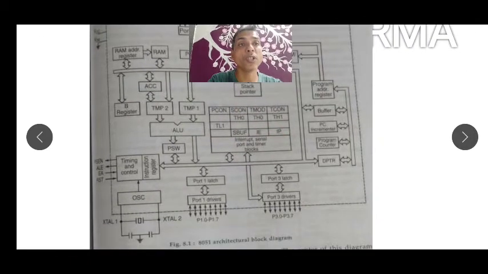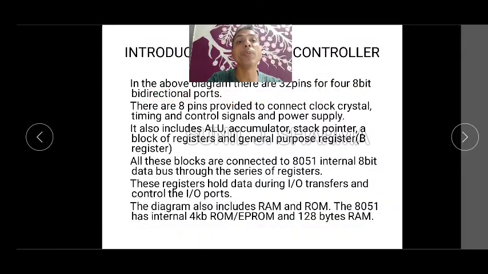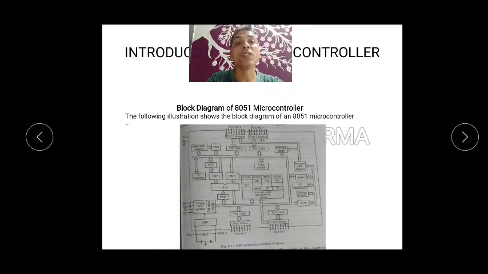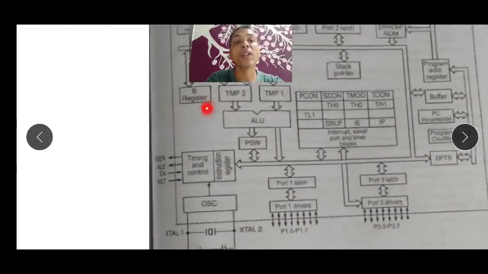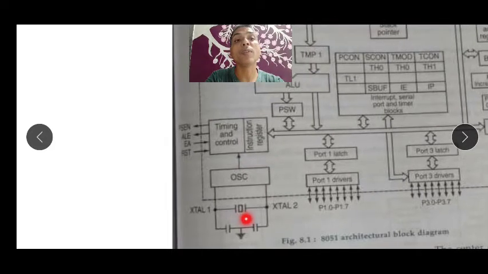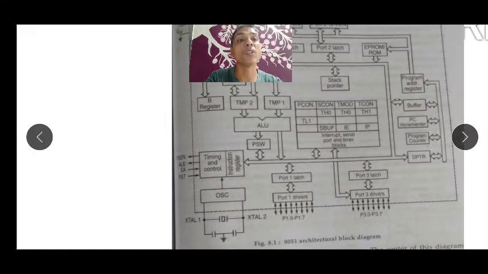So 8 times 4 is 32 bidirectional pins. There are 8 pins provided to connect clock crystals, timing and control signals, and power supplies. So you can see that we have many pins, for power supply and for the timing and control unit also.